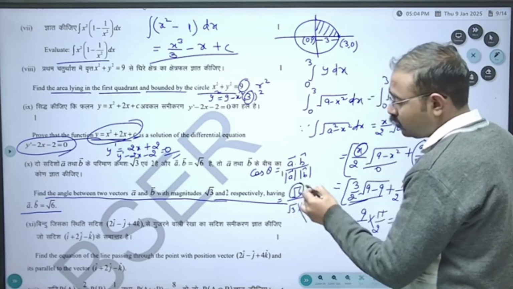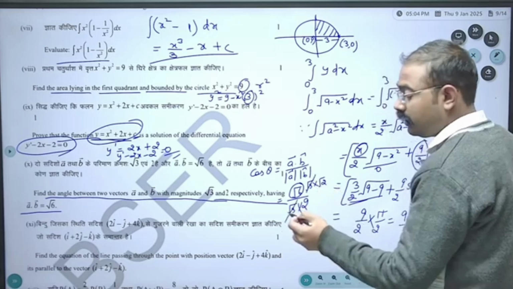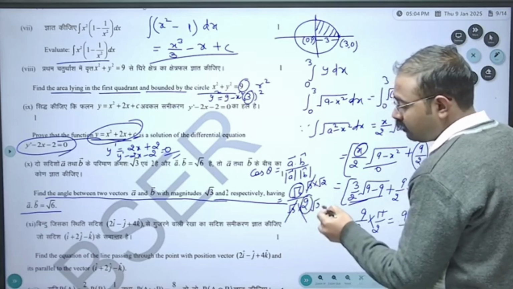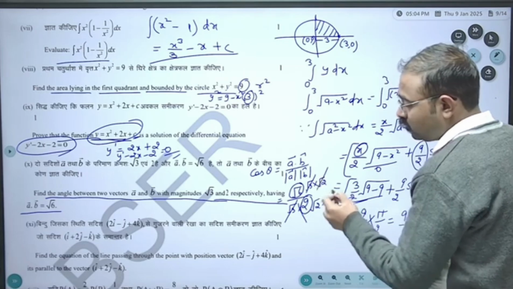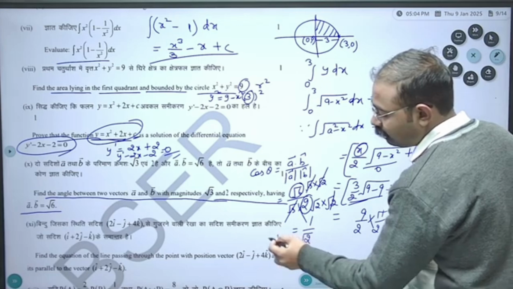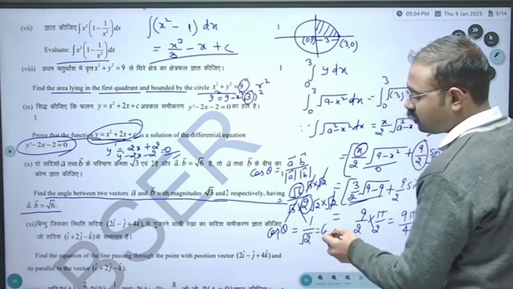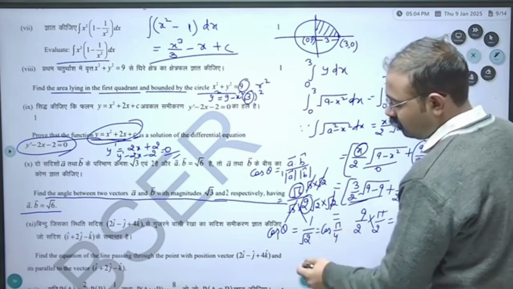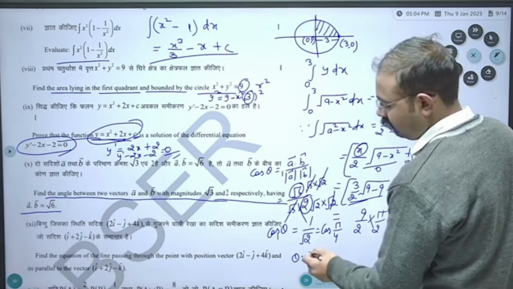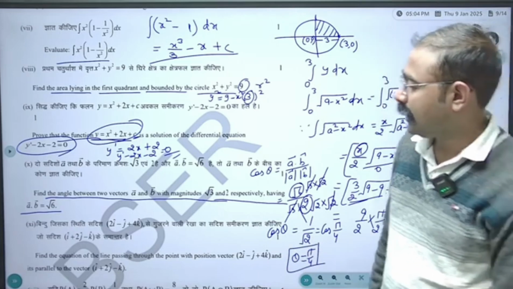Here I can write this root 6 as root 3 multiplied by root 2, root 3 and root 3 cancel, and I can write this 2 as root 2 multiplied by root 2, root 2 and root 2 cancel. Upside we have 1 and downside root 2, this will be cos theta, and 1 upon root 2 is cos pi by 4, and removing cos from both sides we have theta as pi by 4. This is our correct answer.